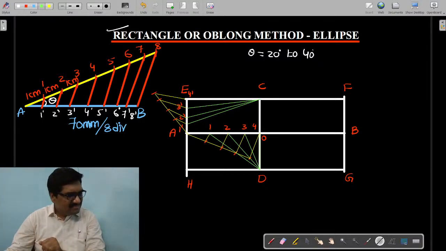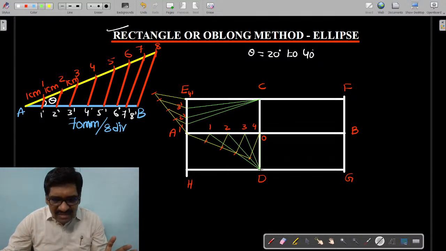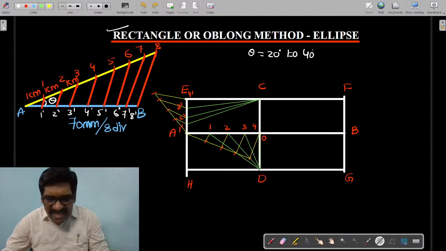Perfect. Already we have drawn a line, that is C1. You extend this C1 up to this point. Sorry, D1. You extend this D1 up to this point. You extend this D2 up to this point. You extend this D3 up to this point.